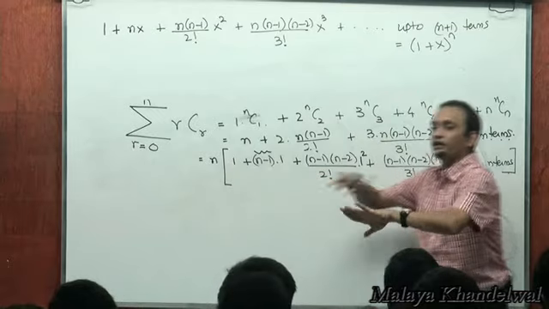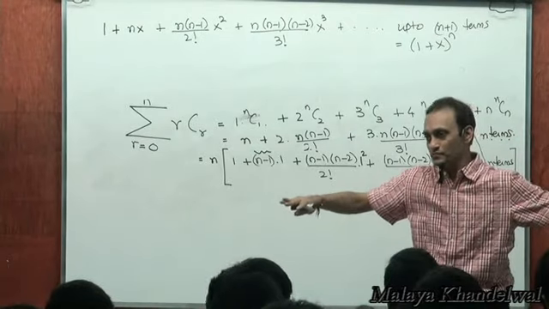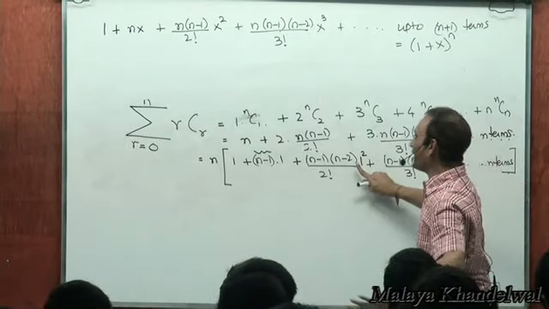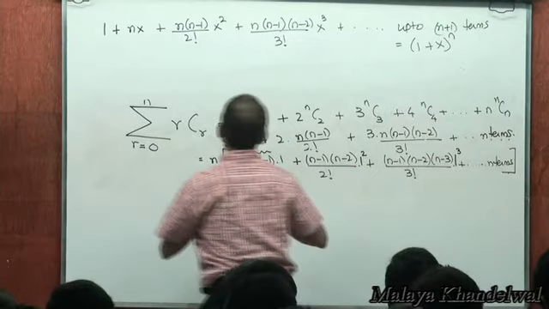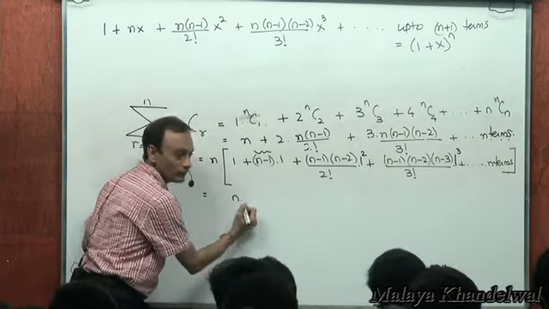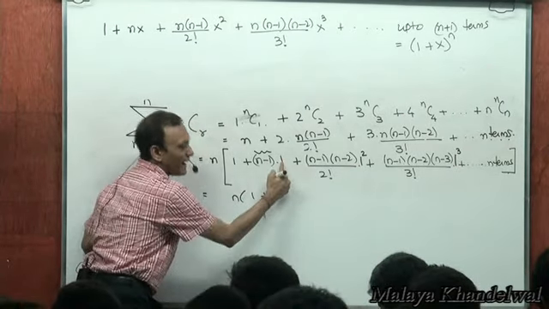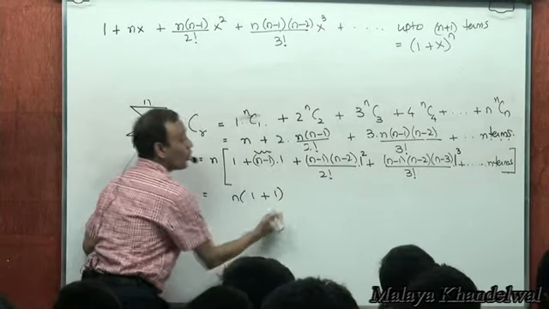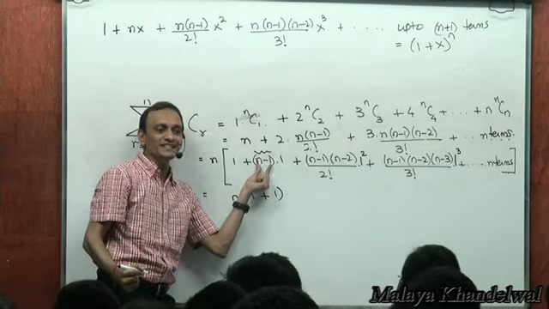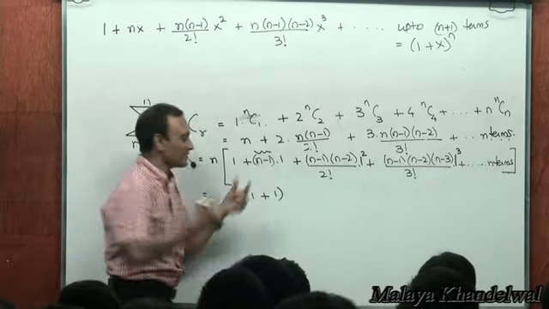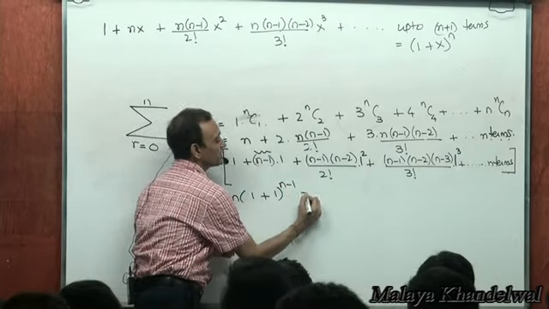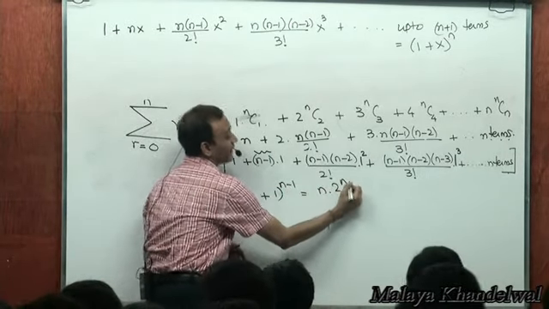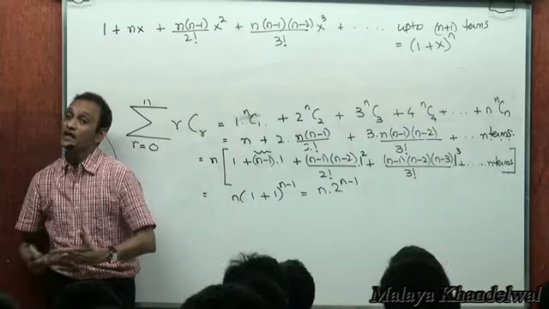And all of it is in the binomial series, right? x is 1 here. So this must be n into (1 plus x), which is 1 whole, to power n. n is n minus 1, right? So that makes it n into 2 to power n minus 1. Yes or no?